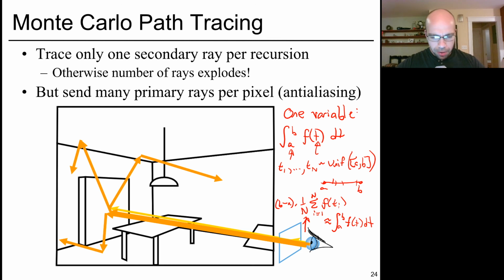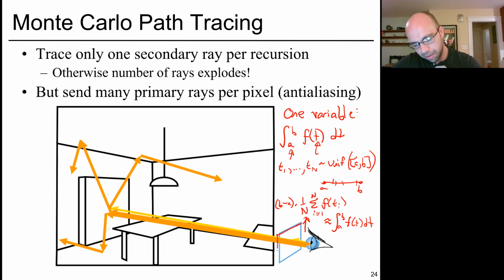Here's a trick that we're going to use in Monte-Carlo path tracing. Now we find the point in the scene where the ray from our eye intersects the scene. And remember that what we really need to compute at the end of the day is this hemispherical integral. We're going to use a bunch of samples to essentially anti-alias the pixel itself.